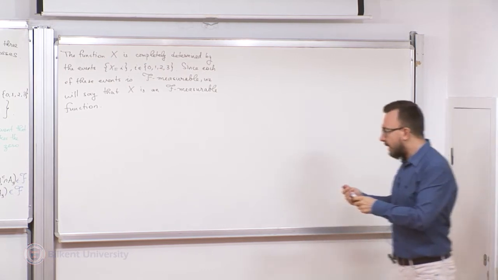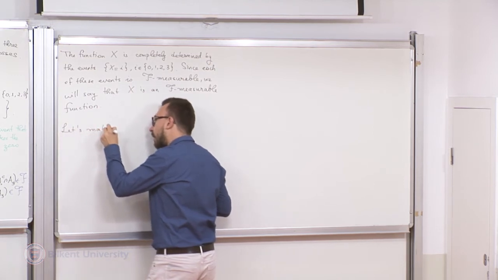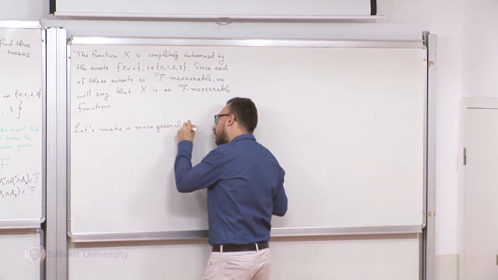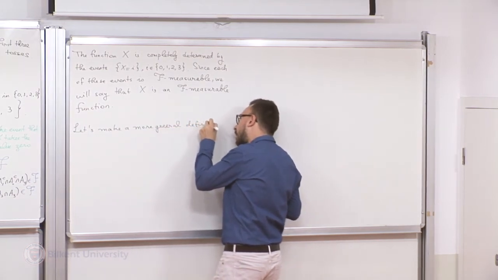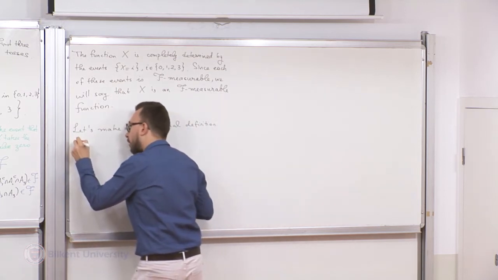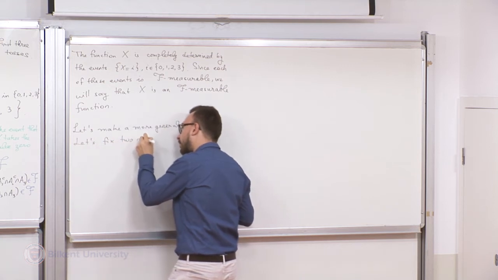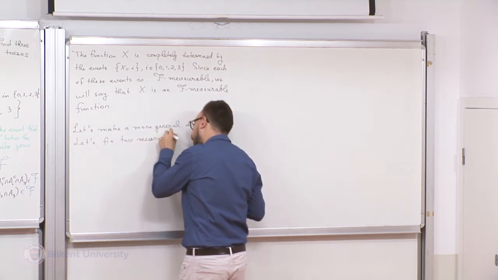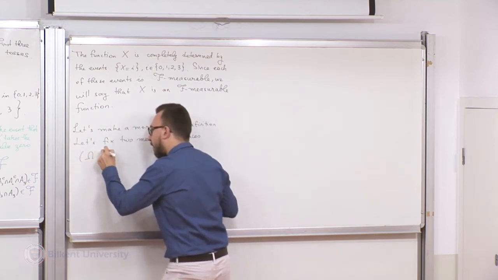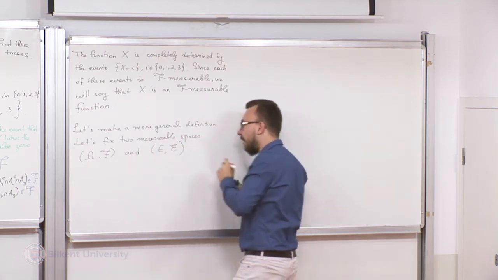We're going to generalize it now. Let's make a more general definition. So let's fix 2 measurable spaces, (Omega, F) and (E, script E).